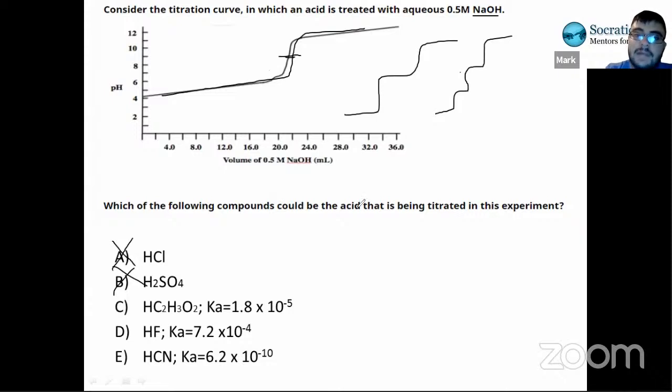Lastly, and I guess I slightly didn't cover it, but you could have made the leap. The midpoint, which is, I would say, about here, is equal to pH 5. The midpoint is when exactly 1/2 of the conjugate base has turned into acid.